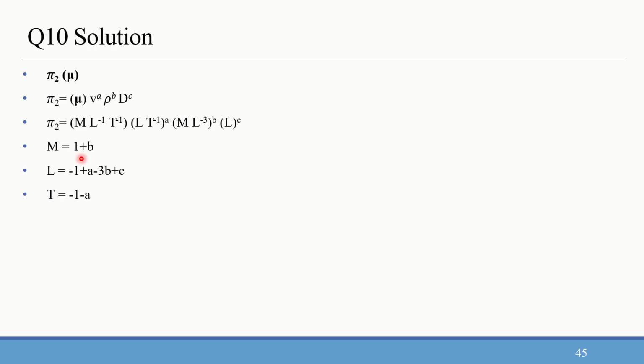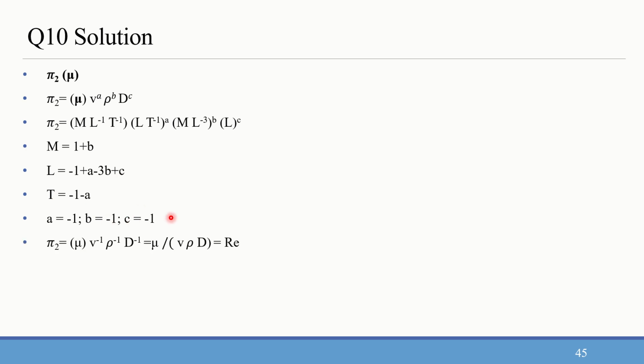That's it. So here a is equal to minus 1 and b is equal to minus 1. Substituting in this, we get minus 1 plus 3, so it is 3 minus 2, which is plus 1. So c is also minus 1. So a is minus 1, b is minus 1, c is also minus 1.